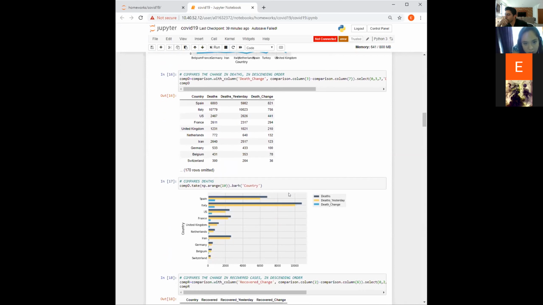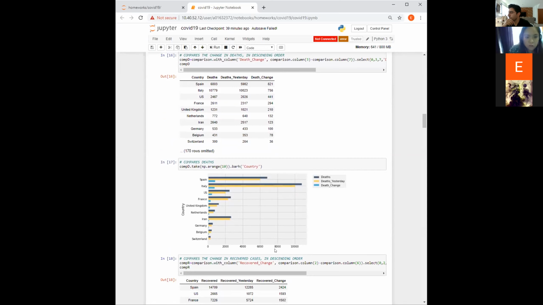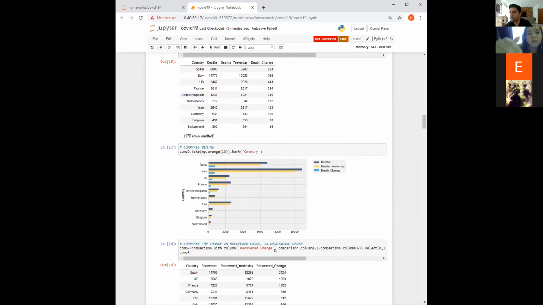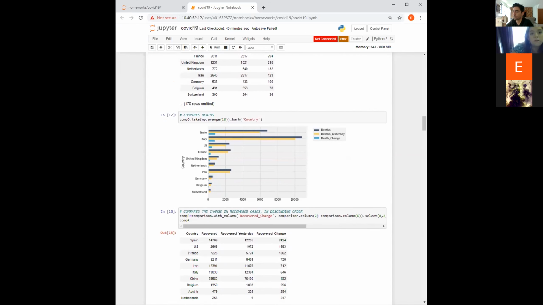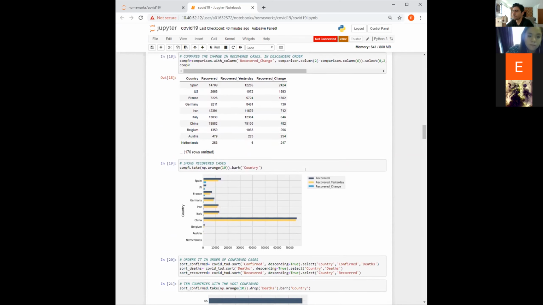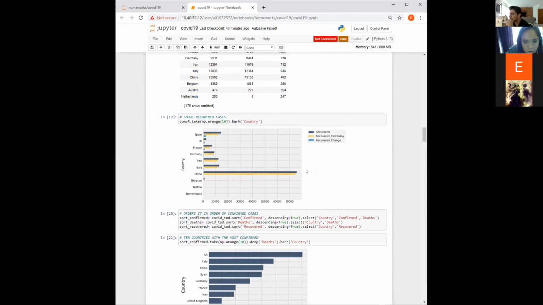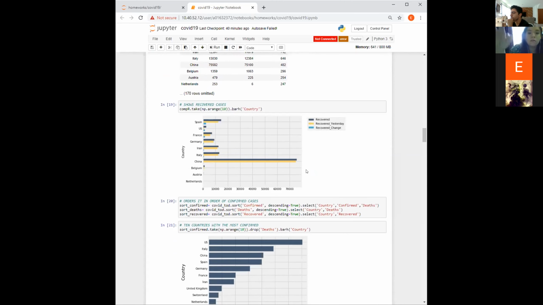We compared the 10 countries with more deaths, with more confirmed cases, and with more recovered cases. And we saw in the graphs that sometimes they were not the same 10 countries.